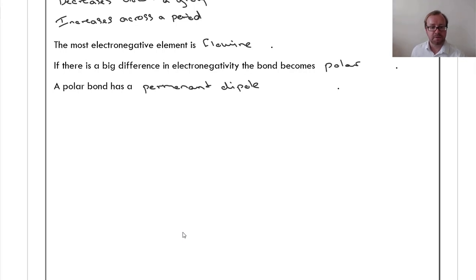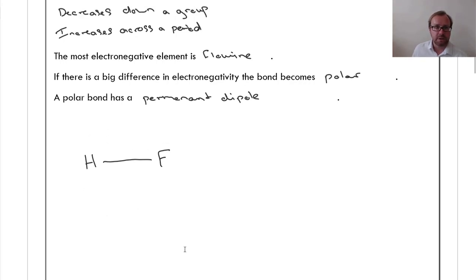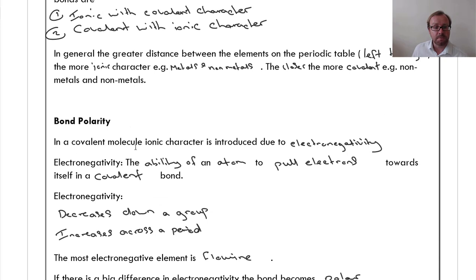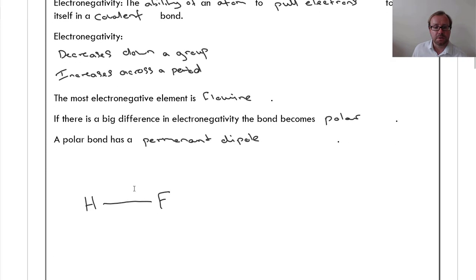Now I'm going to give a bit of an example. So let's use hydrogen and fluorine. Fluorine is in the top right hand corner of the periodic table, therefore it's very electronegative. Hydrogen is not, it's nowhere near, so it's not very electronegative. According to our definition, electronegativity is the ability of an atom to pull electrons towards itself in a covalent bond.